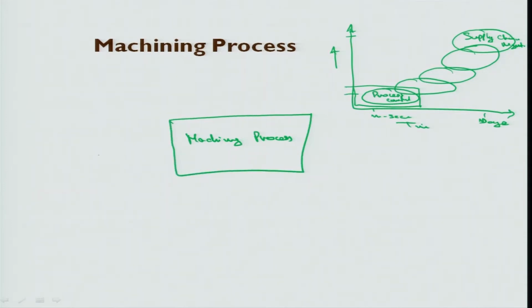So machining process is a process which has materials, energy and human or personnel or the operator that works on it, that has to do the machining as its inputs.